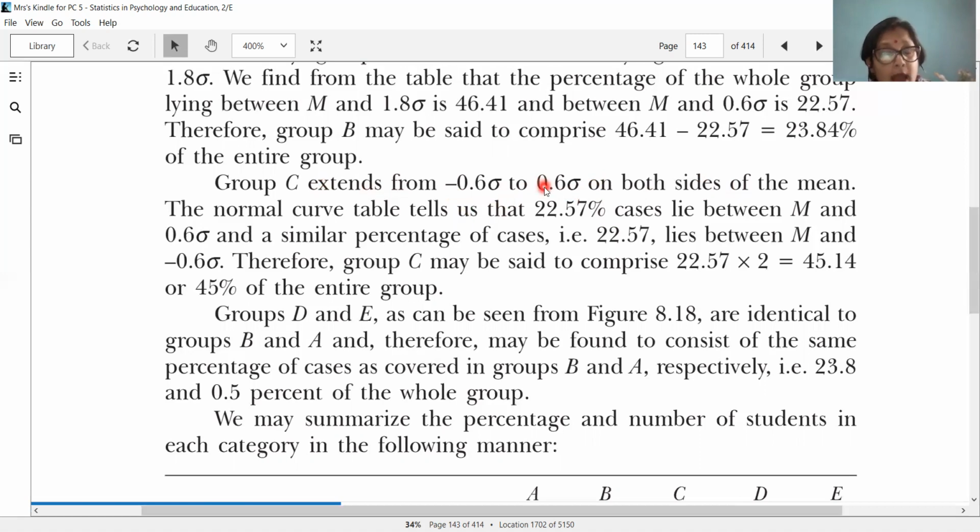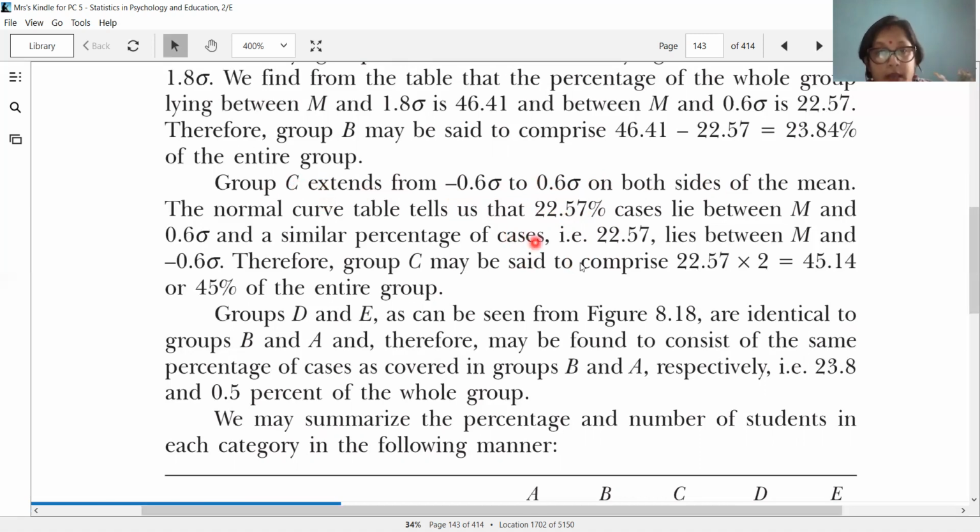As we already know the percentage of cases for 0.6 sigma, now we need to find out the area of cases lying in group C.